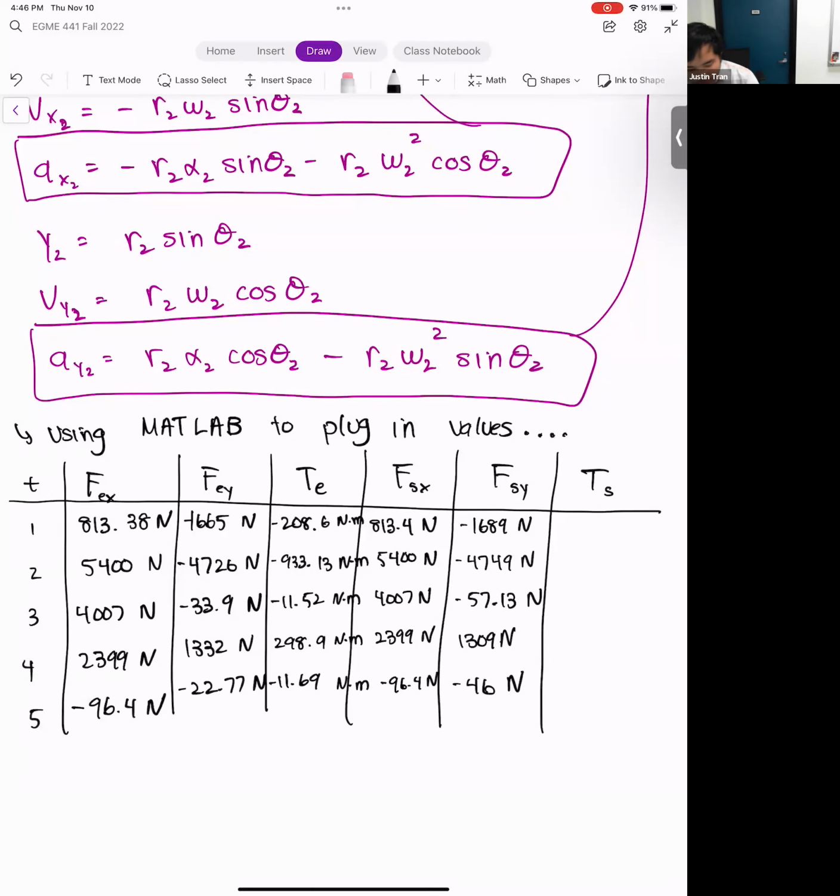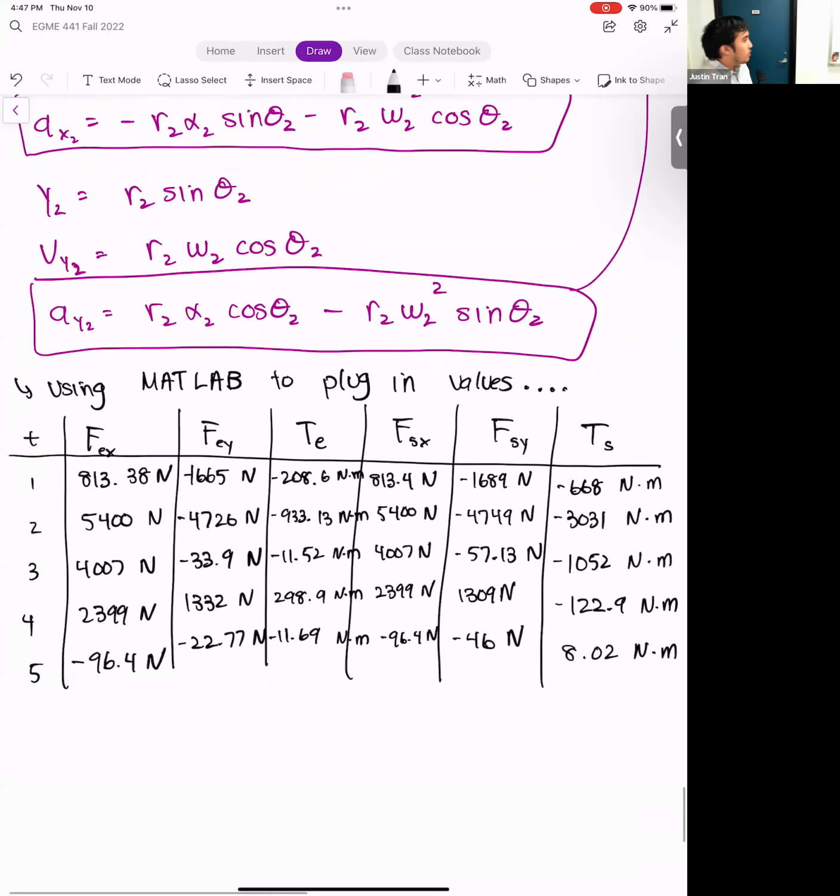And then we have the torques. Right, so that's what you get for all the plugging.